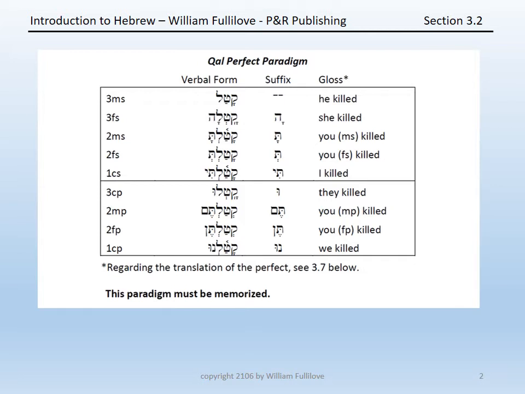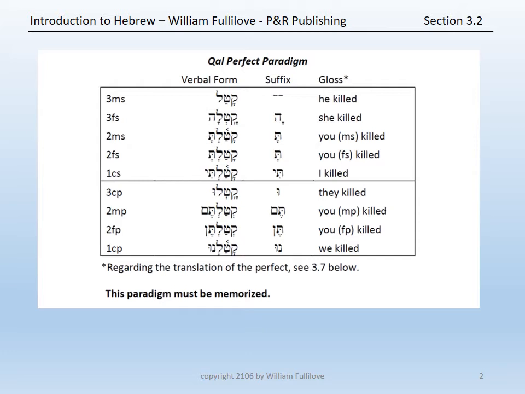The second person plural forms, what in the South you would use the word y'all to convey, do distinguish gender. Second masculine plural, you, a bunch of men killed, or second feminine plural, you, a bunch of women killed. Now this may raise the question, what if you have a mixed group, some men and some women together? The rule of the language is that the masculine form is the unmarked form.